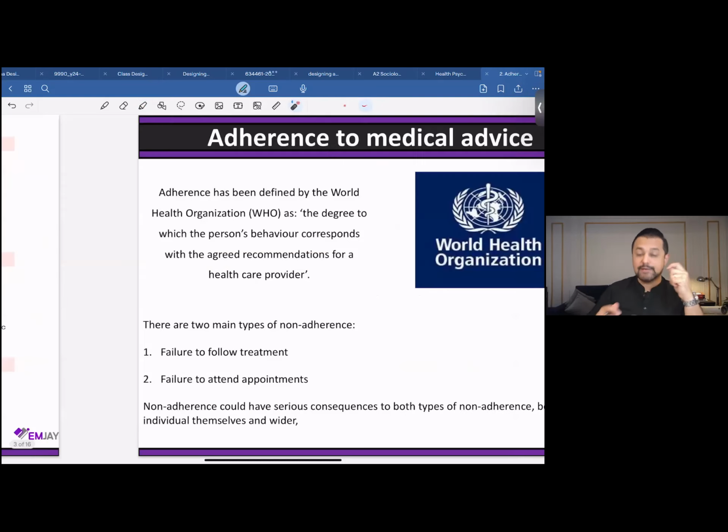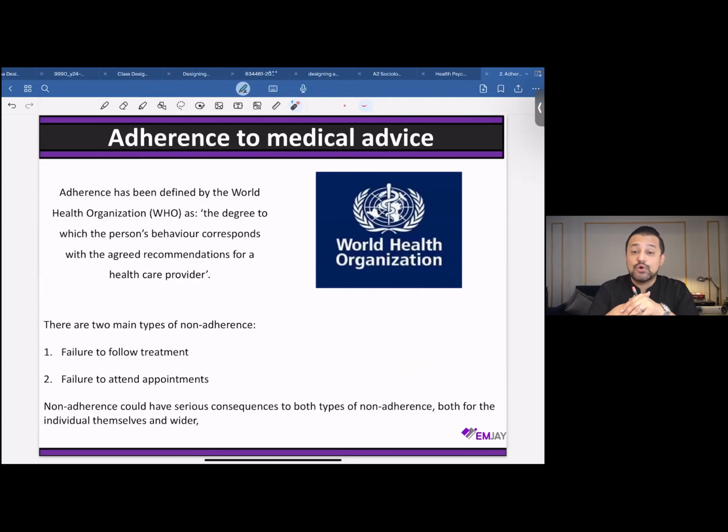Now, taking this ahead. What I'd said about adherence was, adherence has to do with the extent to which we obey, right? Adherence has been defined by the World Health Organization, that is WHO. According to WHO, adherence is the degree to which the person's behavior corresponds with the agreed recommendation from a healthcare provider.